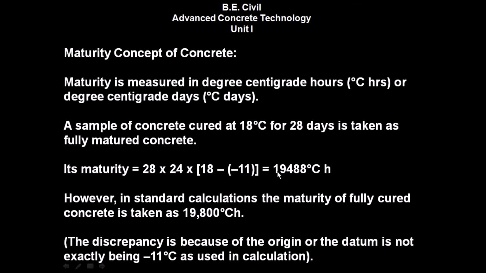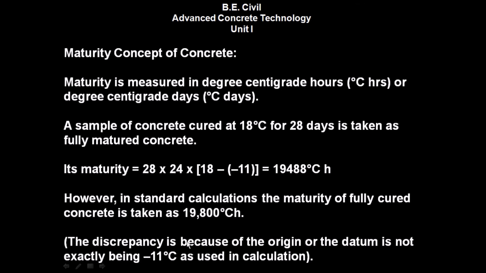So it is giving 19,488 degrees Celsius hours. However, in standard calculations, the maturity of fully cured concrete is taken as 19,800 degrees Celsius hours. So this slight change is there: 19,488 is calculated, but as standard it is taken as 19,800 degrees Celsius hours.